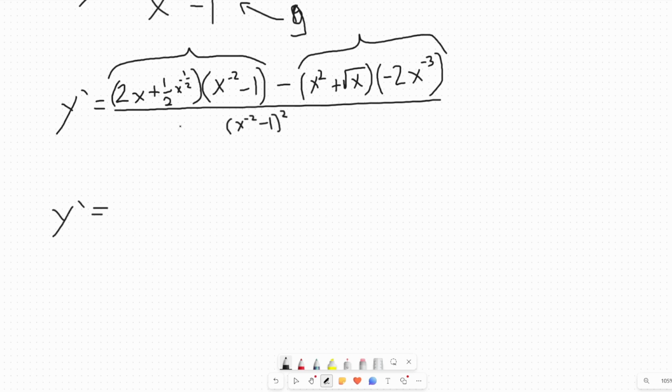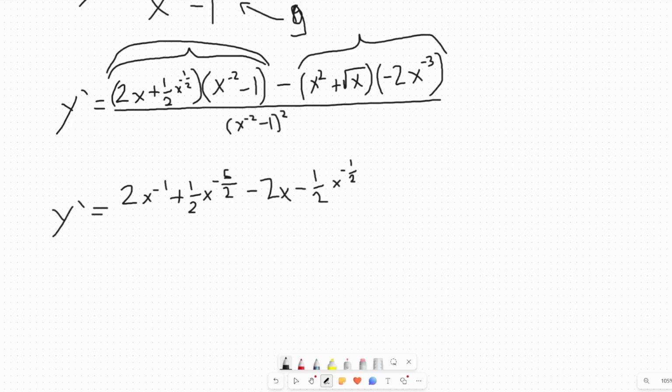All right, so the first term just becomes 2x to the negative 1 plus 1 over 2x to the negative 5 over 2, right? Minus 2x minus 1 over 2x to the negative 1 over 2. All right, so that was the first part right here.